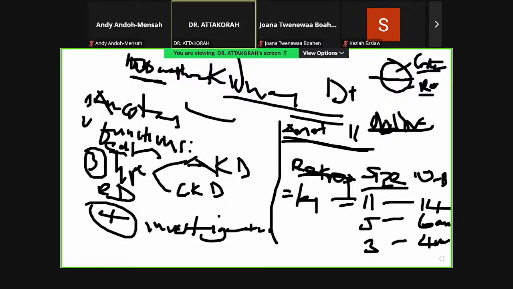When you talk about the functional unit of the kidney, the functional unit of the kidney is the nephron. So now let's talk about the functional unit of the kidney, which is the nephron.